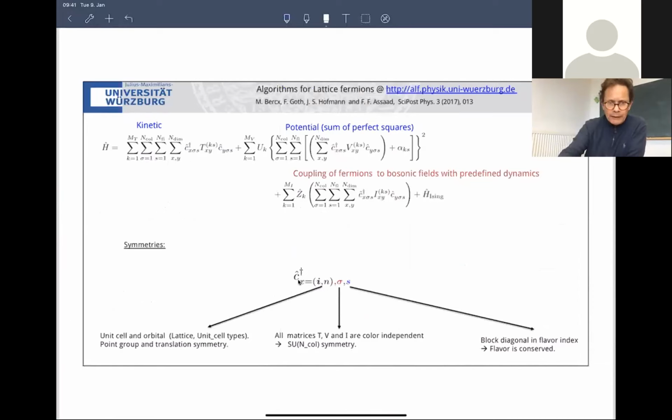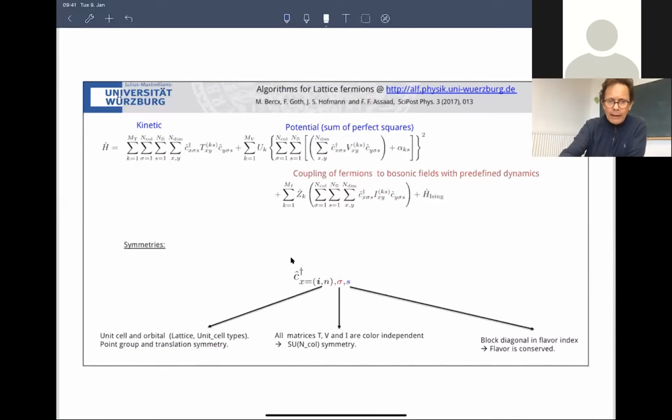So the first index is x, and this will give you the information on the unit cell, i, and on the orbital in the unit cell. What we normally have in ALF is translation symmetry in i, that's a Bravais lattice, and so the crystal momentum corresponding to translations in i is conserved. So that's the first index, right?